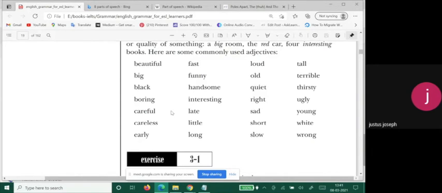Surgeon. A careful operation, right? I know everyone is hungry, but I'm also hungry, but still. Late party, late dinner. A sad story.